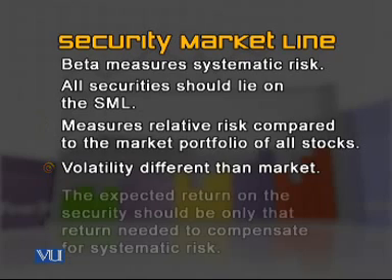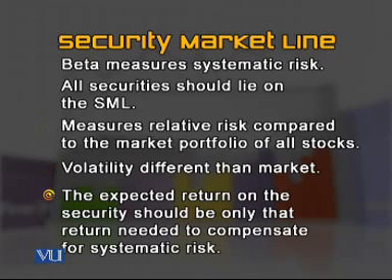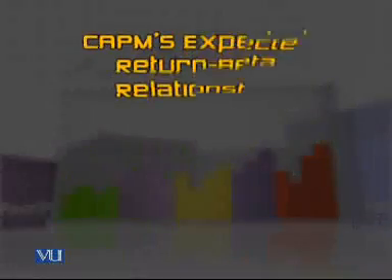Beta is important for us to understand, because the expected return on the security should be only the return needed to compensate systematic risk. Beta plays an important part in constructing portfolios, because beta helps us eliminate risky shares and look at shares which are more acceptable with betas less than 1.